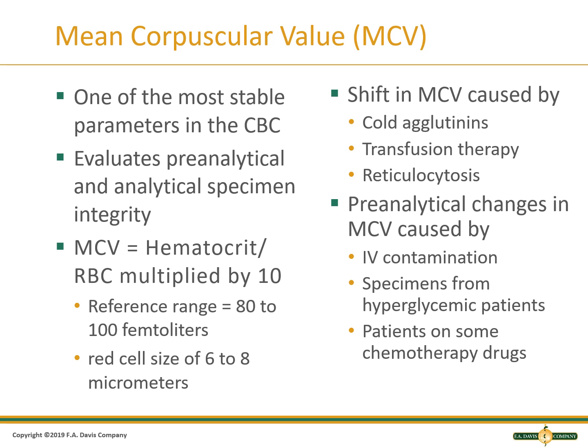So we're going to talk about some of the things that you see on the CBC that are actually calculated. The first one we're going to talk about is the mean corpuscular volume, or MCV. It's one of the most stable parameters in the CBC. It evaluates pre-analytical and analytical specimen integrity. The MCV is the hematocrit divided by the red blood cell count multiplied by 10.